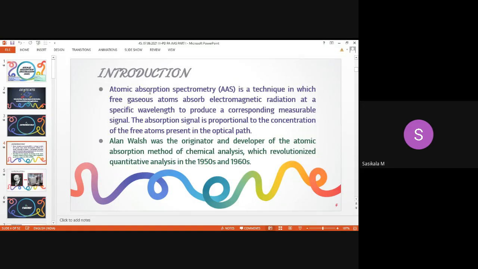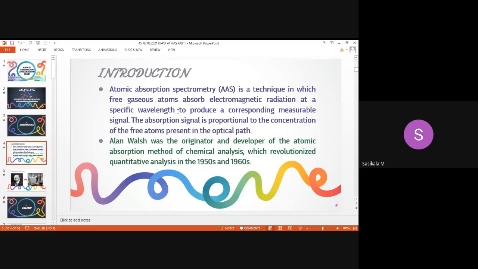Actually, we are not going to take the sample as separate atoms only. We take a molecule which contains heavy metals or alkali metals. Calcium and magnesium are heavy metals, and sodium, potassium and lithium are alkali metals.